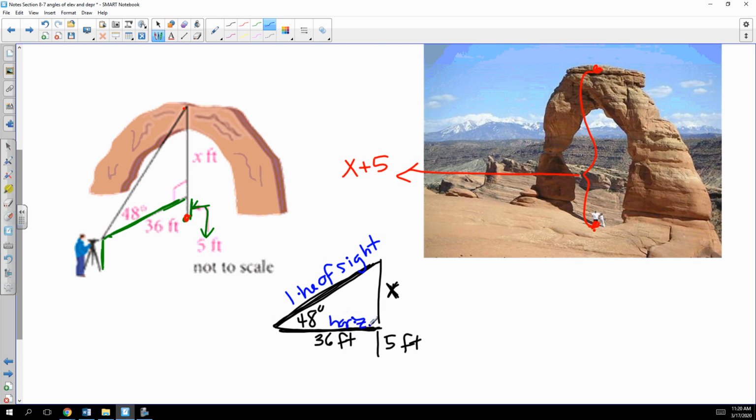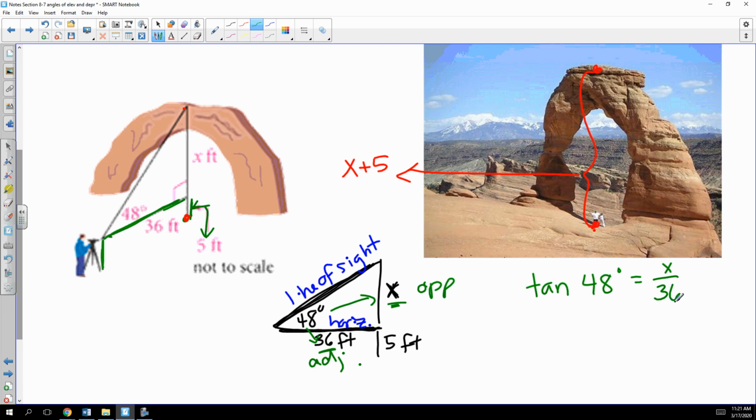Don't forget that it's got to be made with a horizontal. So which trig function? Remember, you got to ask yourself, where are the sides in relation to the angle? So here's an x, and here's a 36, and this is opposite. And 36 is adjacent to the 48. So which trig function is opposite and adjacent? That's tangent. So tangent of 48 degrees is equal to x over 36.